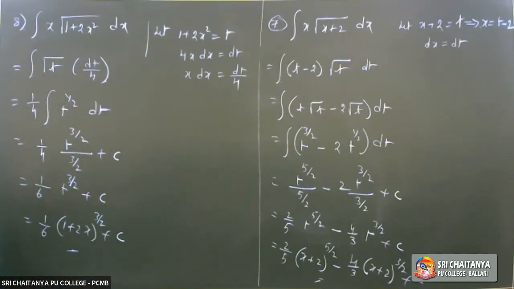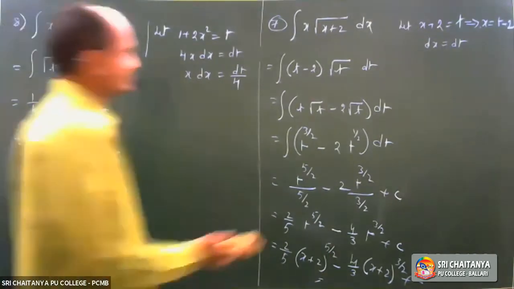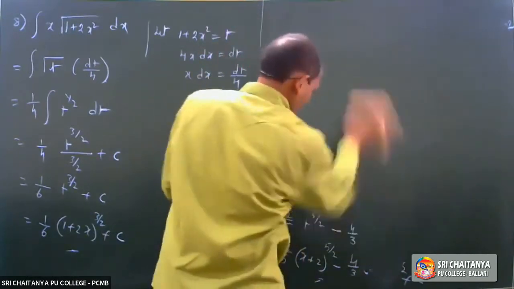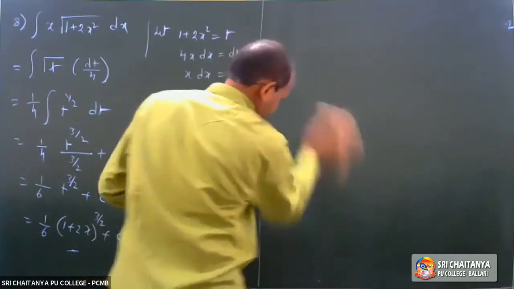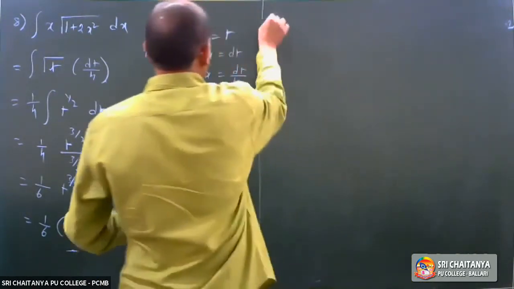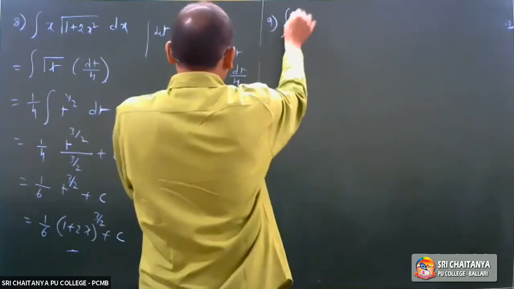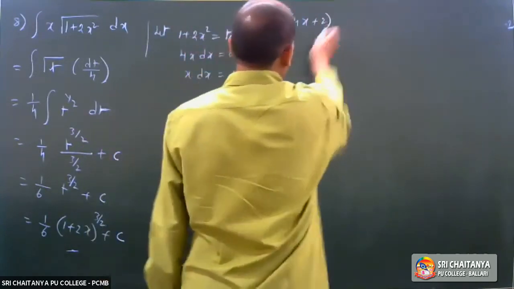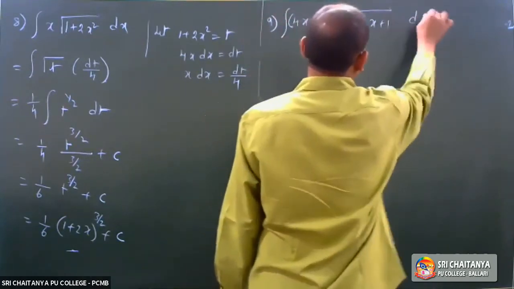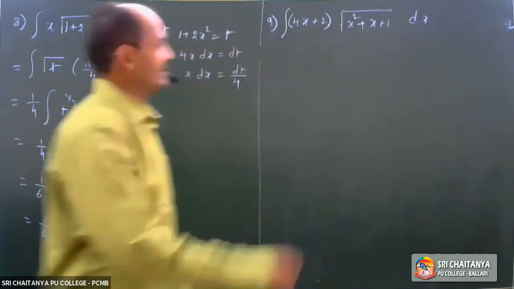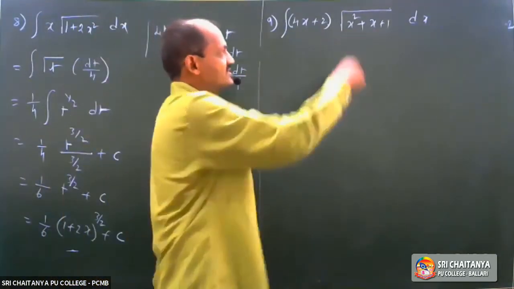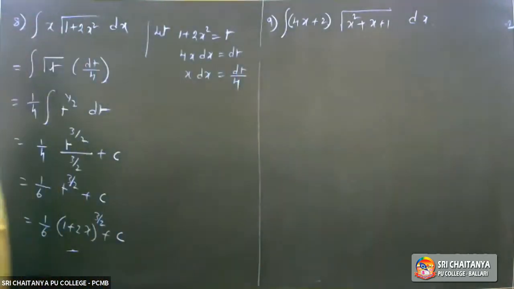Okay, next one. Ninth question. Integral of 4x plus 2 into root of x square plus x plus 1 whole dx.